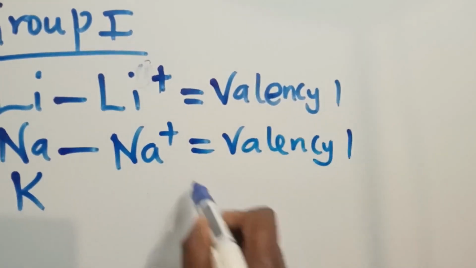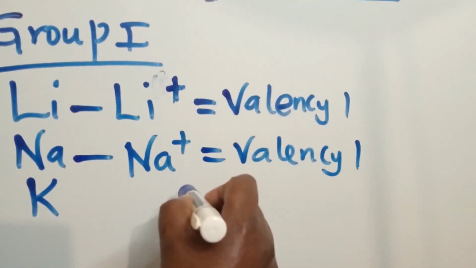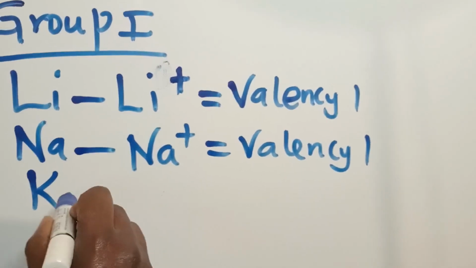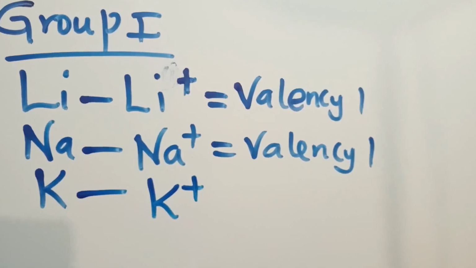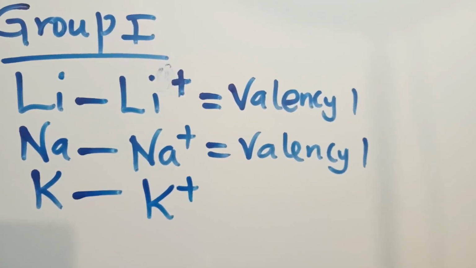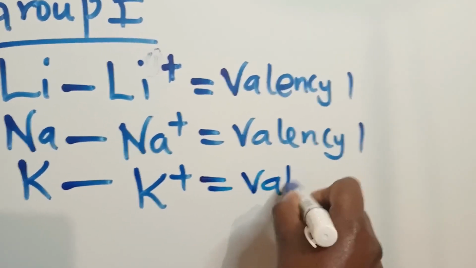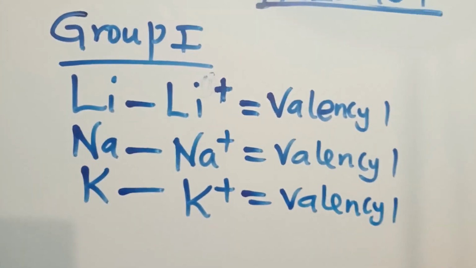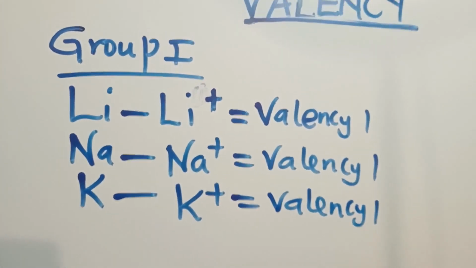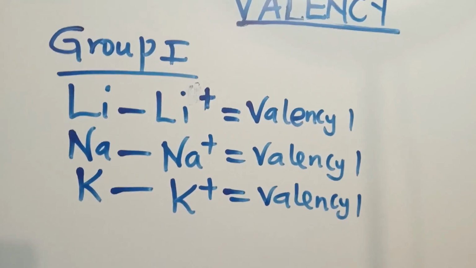Now that the positive charge is just 1, it lost only 1 electron. Going to potassium, again it lost only 1 electron, remaining with 1 extra positive charge, so valency 1. And remember, we are checking on those elements that are among the first 20 elements in the periodic table.